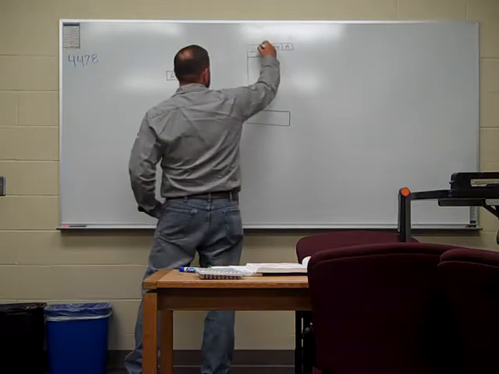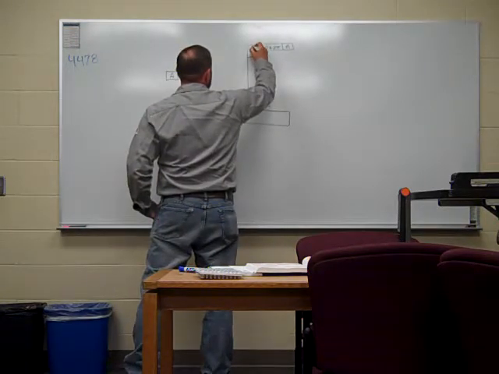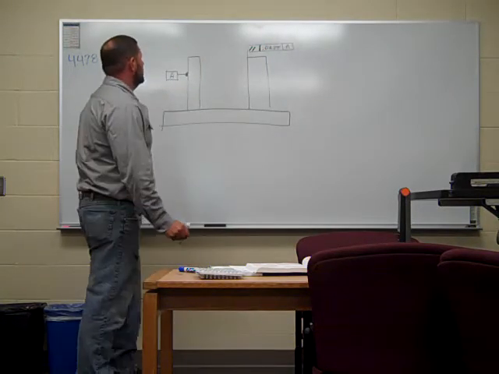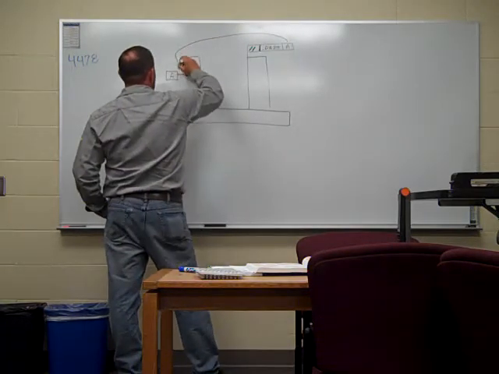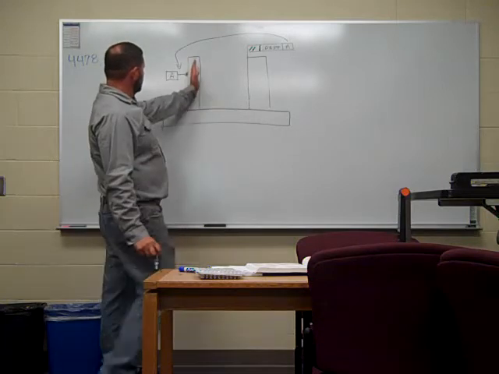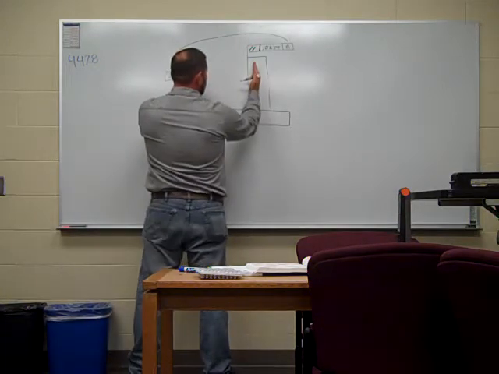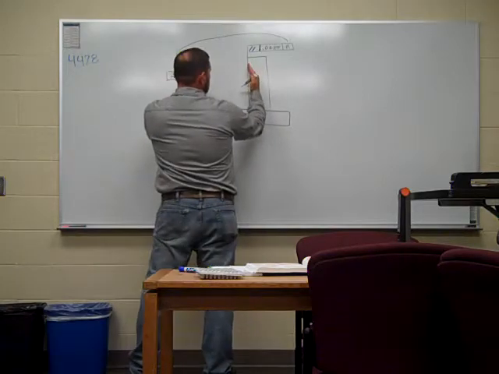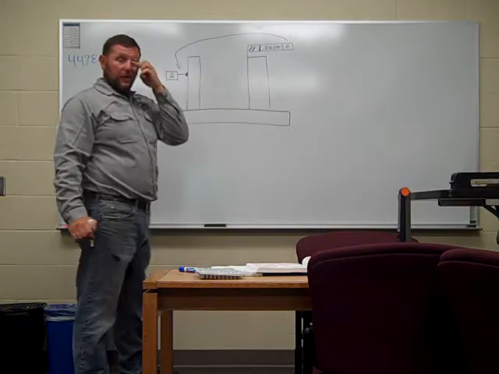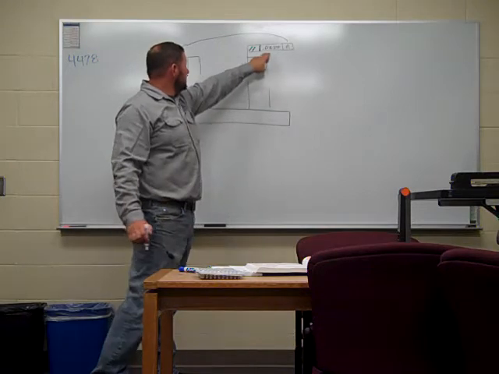So what are they telling you? This is being referenced to that. So this piece and this piece have to be parallel within 1/16 of an inch. Parallel. That's what it's telling you. This is referencing to that datum.